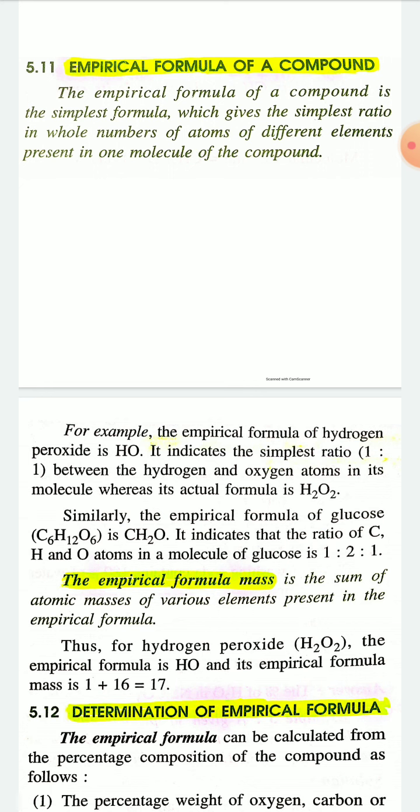You can calculate the empirical formula mass by adding the atomic masses of the different elements present in one empirical formula unit.